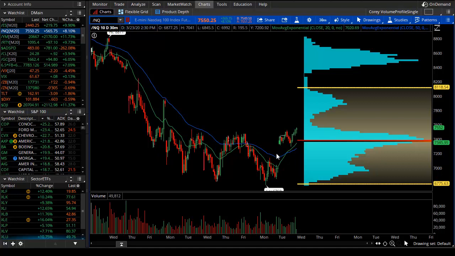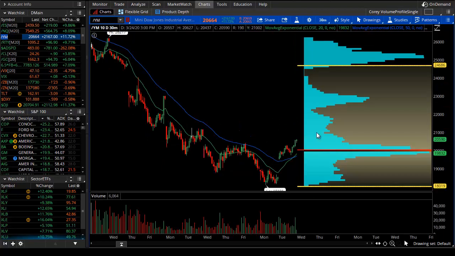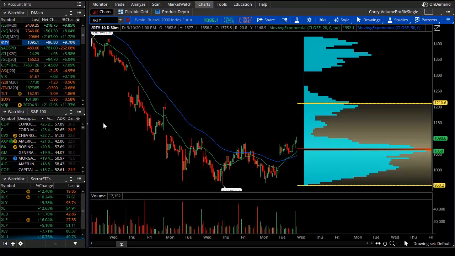Either way, as traders on the intraday or swing basis, we will be watching this Nasdaq 7,600 or maybe even 7,500 level for a pivot point for Wednesday's session. So any further bullish incursion or price action into and above 7,600 opens up the market to move much higher. And of course, the levels would be similar, not the price levels, but the logic at least, for the Dow mini futures and the Russell.